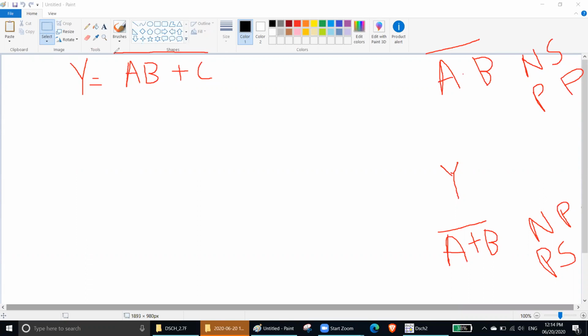I want to design it. Okay, AB plus C bar. Here you can see you have multiplication and you have addition both, right? So how can we design it? Okay, let's wait for 10 seconds.